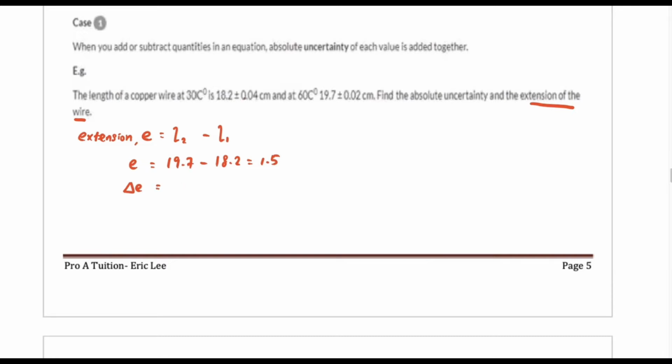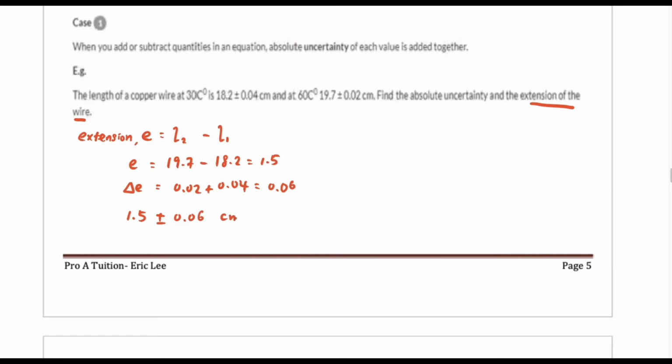So we take 0.02 added to 0.04, and we get 0.06. Now, at the end, we write the answer as 1.5 plus minus 0.06.